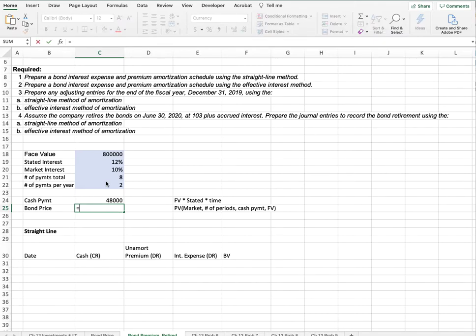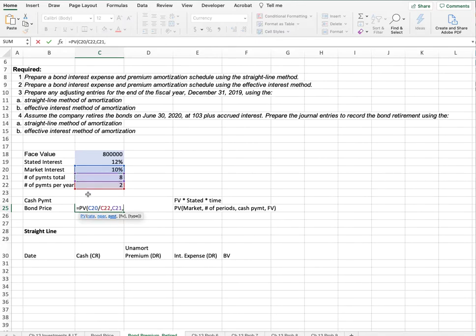Now that we have that cash payment, we can calculate the bond price. We're going to say equals, and we're going to use the present value function, open parentheses, and it's asking for the rate. This is the market rate, but we have to remember to divide that by the number of payments per year, so divide that by 2. Then it's asking for the number of periods, and that's the total number of payments, in C21, or 8 total.